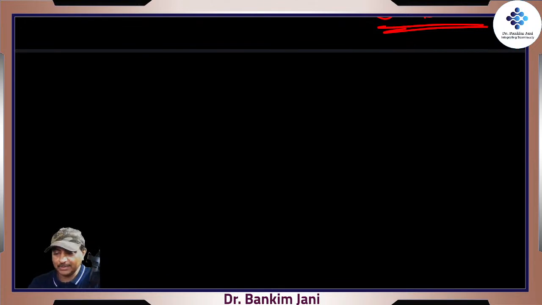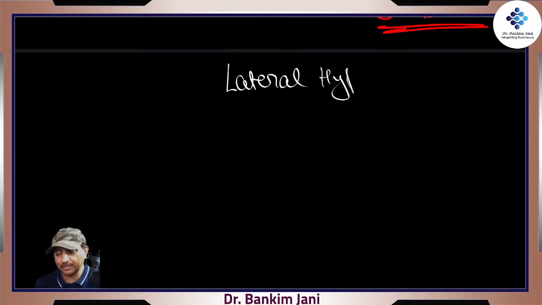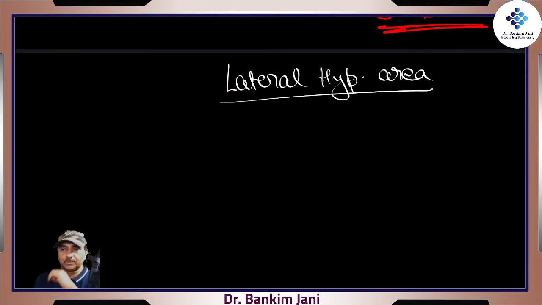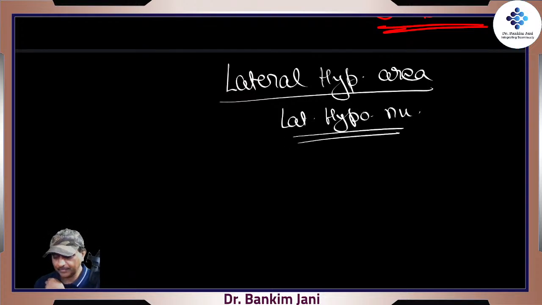Then there was the lateral hypothalamic area, or the zone. In that we have the lateral hypothalamic nucleus. This lateral hypothalamic nucleus is like when you have got a V-shaped body.